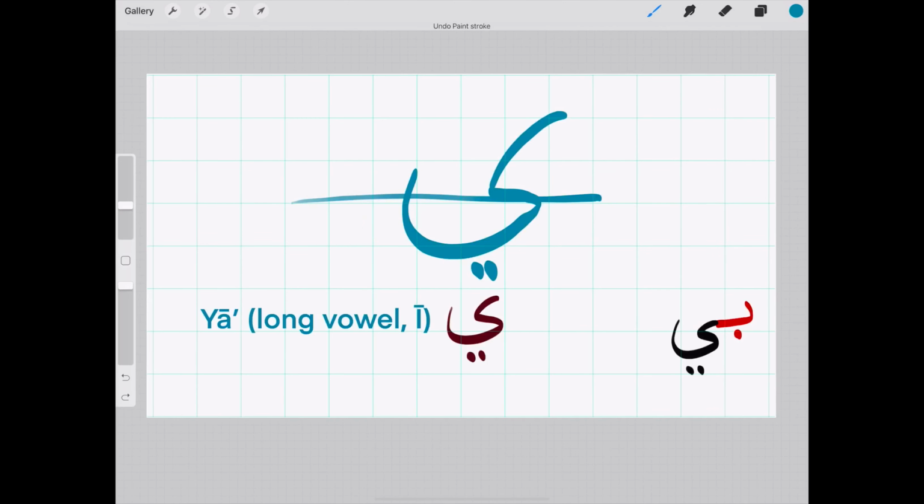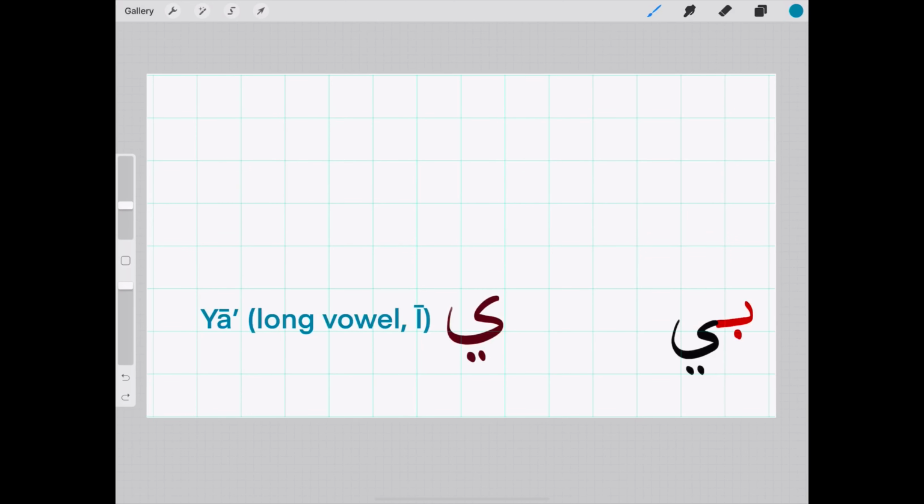For simplicity, you could draw or write this letter like this. Think of it as a rectangle missing its right arm, and then you add another rectangle missing its upper arm, and then you have the two dots.